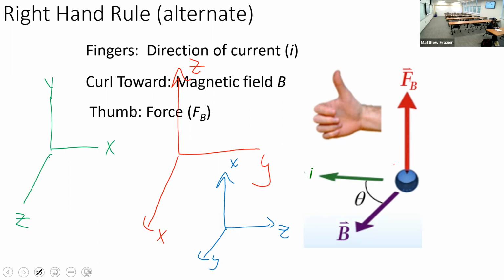There are 6 different ways to orient them. 3 of them are just rotations of each other, and the other 3 are rotations of each other, but the other 3 represent basically a left-handed system. You interchange, say, X and Z.